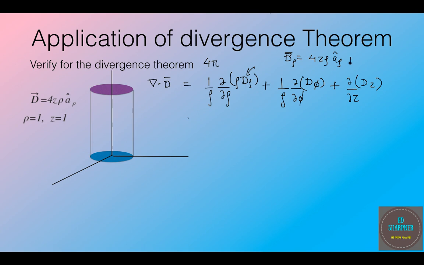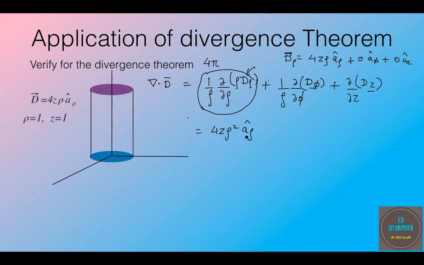Rest of the terms are 0. So 0 a phi cap plus 0 a z cap. So capital D phi and capital D z are 0. So we just need to compute this term here. So let us compute rho D rho first. So rho D rho is nothing but 4z rho square.